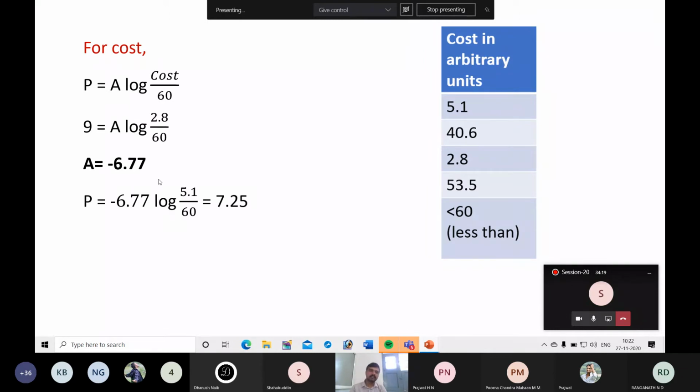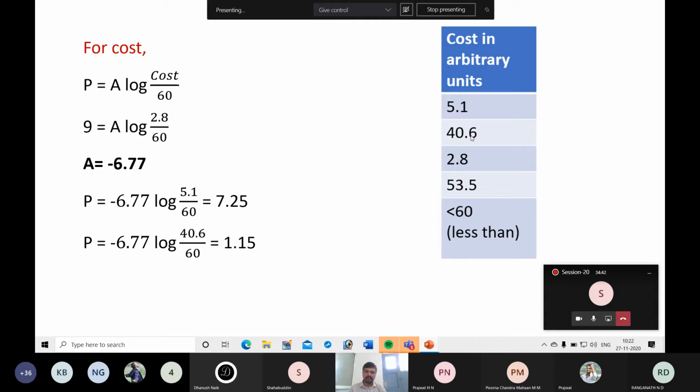You can find out what is the preference number for 5.1. P is equal to, instead of A you will substitute minus 6.77 log of cost, with 60 as the constant for this quality dimension. You will get 7.25.